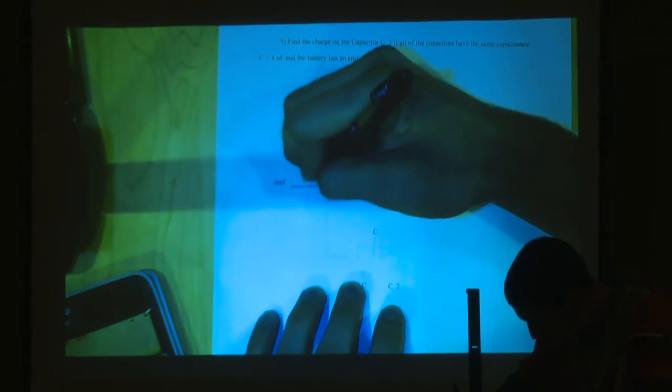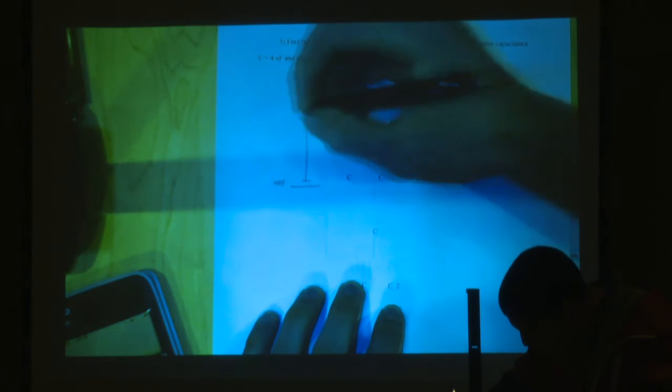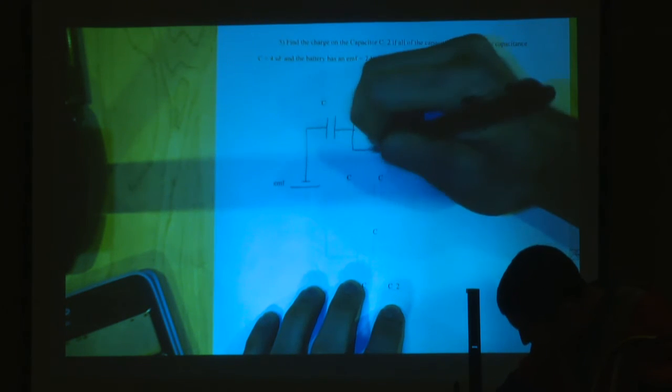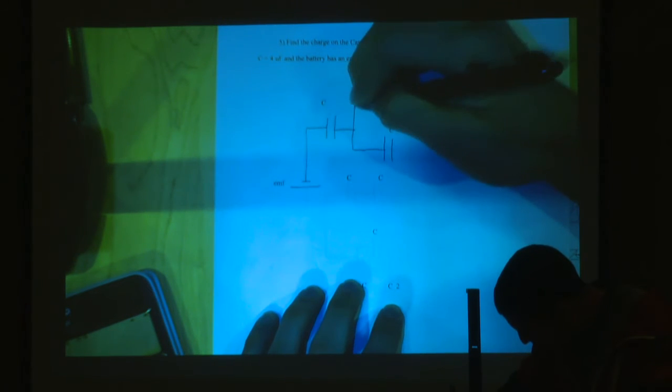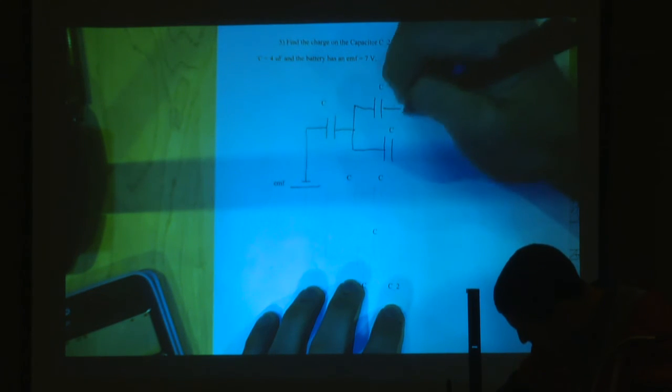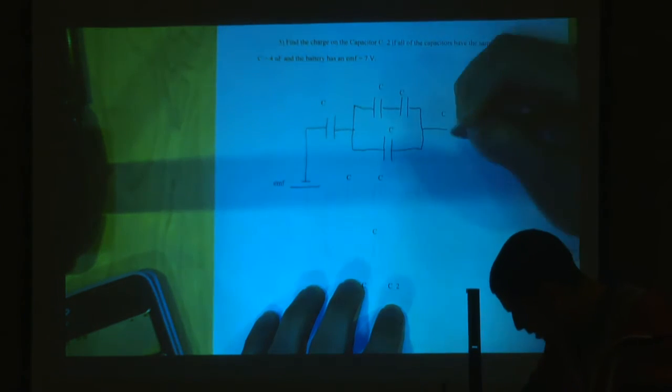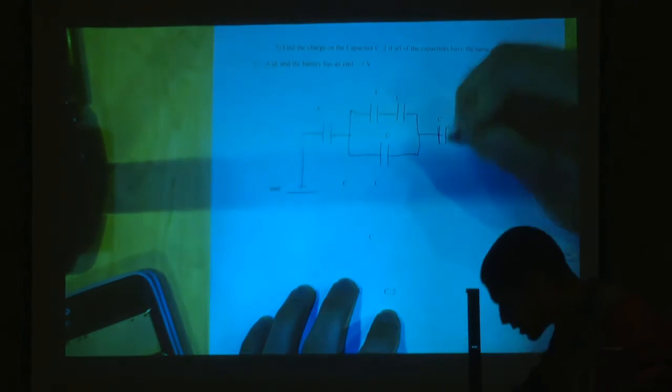So looking at number 5. I'm just going to redraw this because the printer ran out of ink while printing. But essentially, we have a really complicated circuit here with a bunch of capacitors that I made myself. Here's a capacitor, actually.